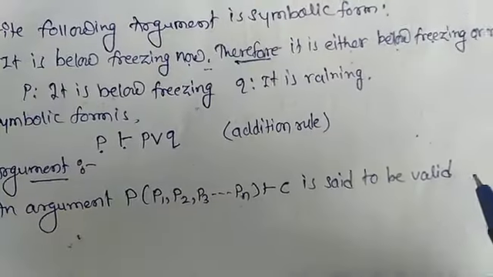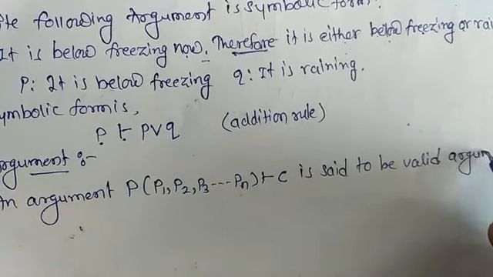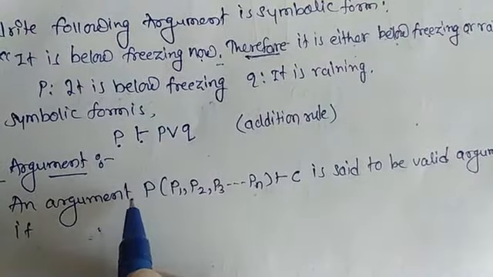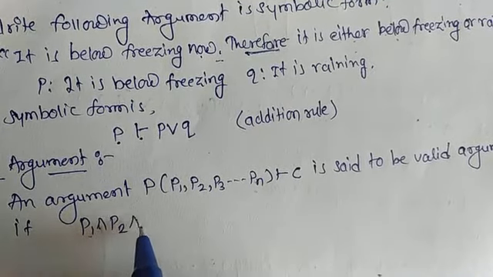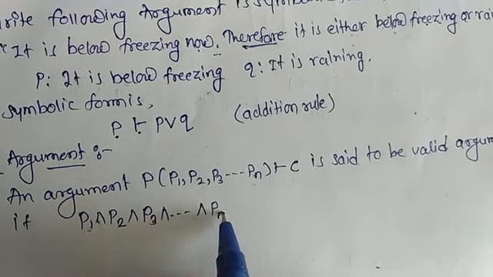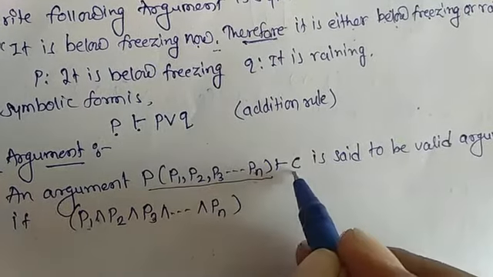It is a valid argument if P1 and P2 and P3 and up to the last premise Pn, this whole part being the premises, implies C, our conclusion.